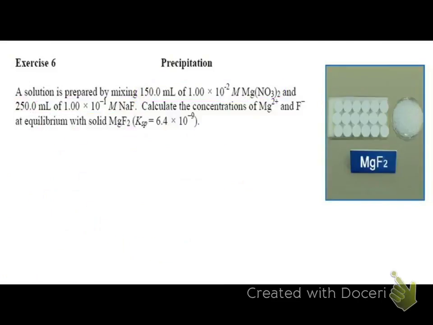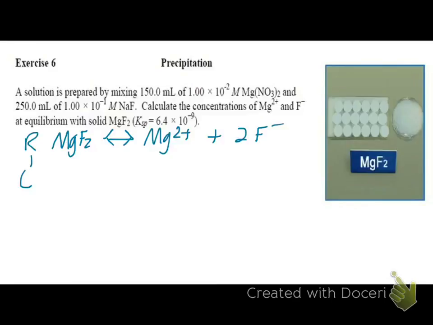All right. So now we are trying to be at equilibrium. So now we're going to do our normal RICE table, which has the magnesium fluoride breaking apart because we're at equilibrium. So we're going to have the 2F minus. Okay. So this is RICE. So these are all zeros, so you can just put a big 0 or just ignore it.